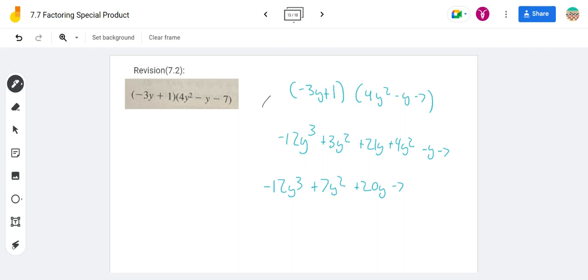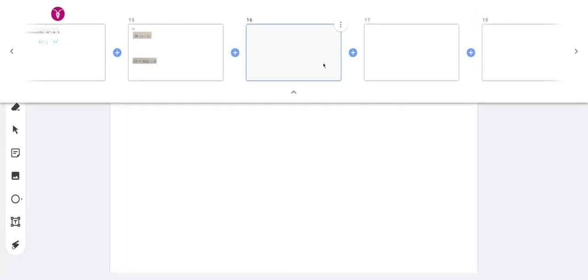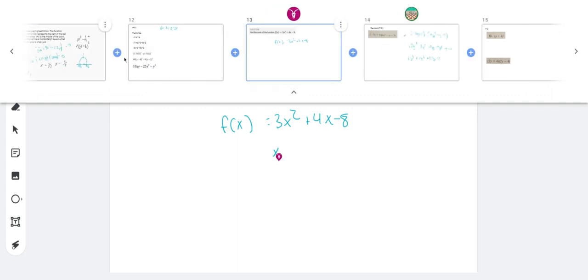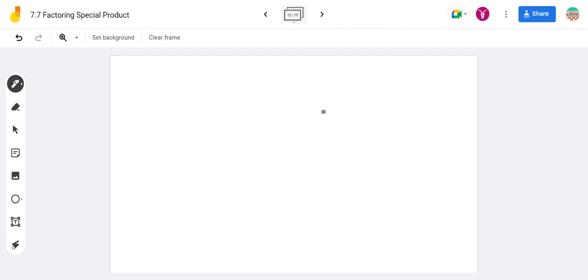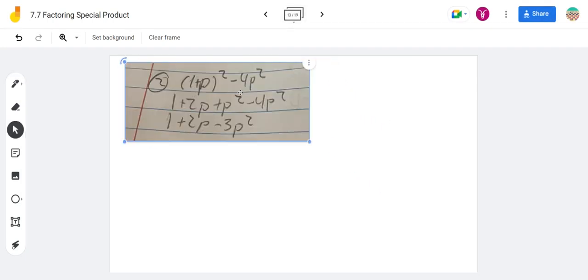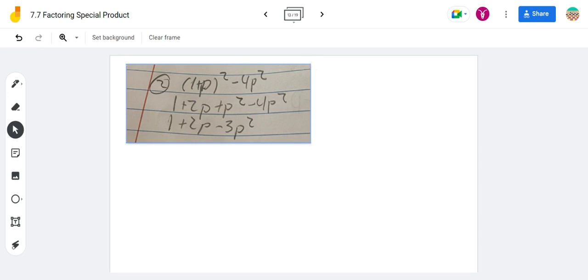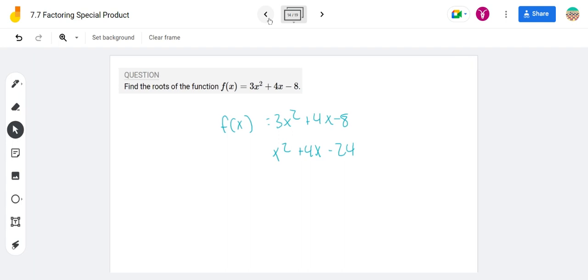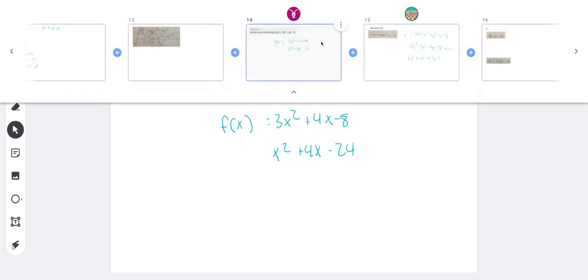x minus 2y, 2x plus. So the roots is what x will cause the function to equal 0.